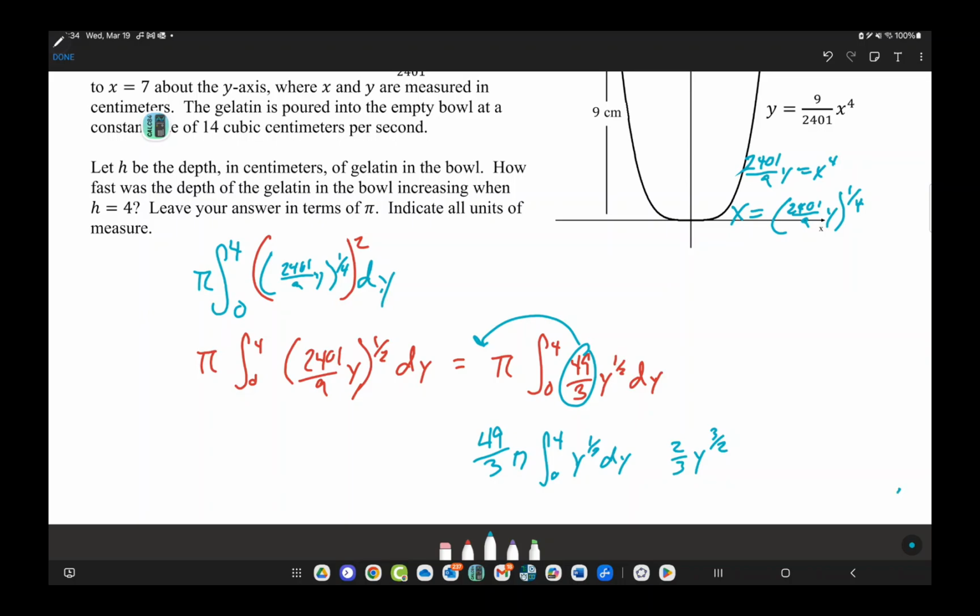Let's say, what's going on here? Oh, we actually don't need to do that.